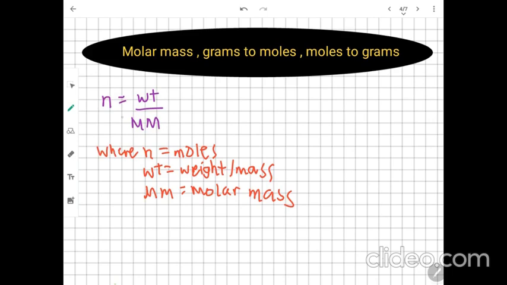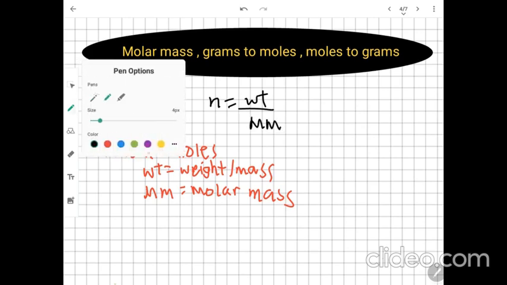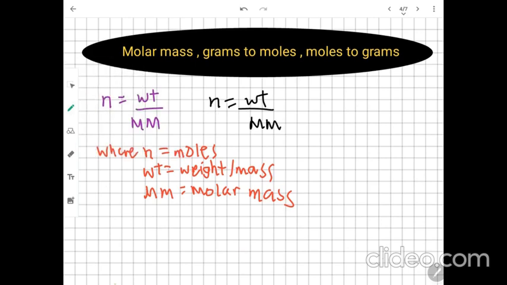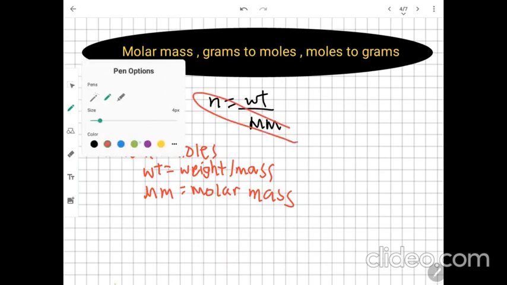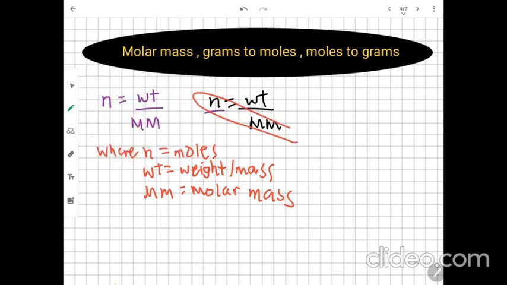From this formula, we can derive the other formulas. From n is equal to weight over molar mass, we can get the formula for weight. So let's write n is equal to weight over molar mass. For us to get the formula for weight, let's do cross multiplication here. Take note, we can put 1 here para di lang kayo malito, para alam nyong makakross multiplyan sila.